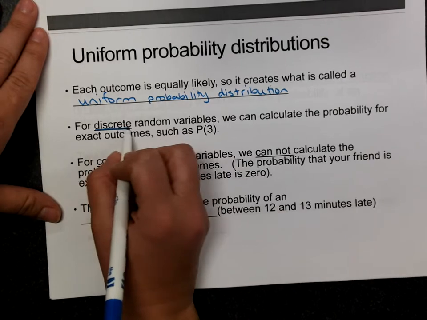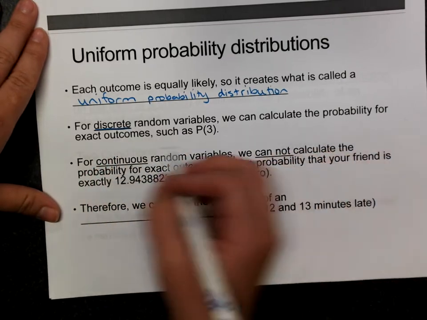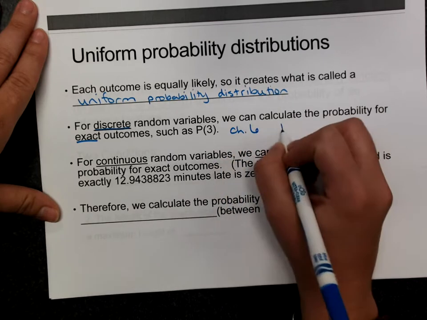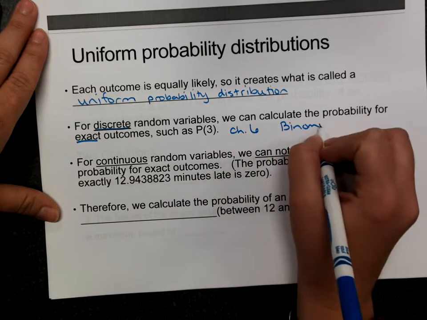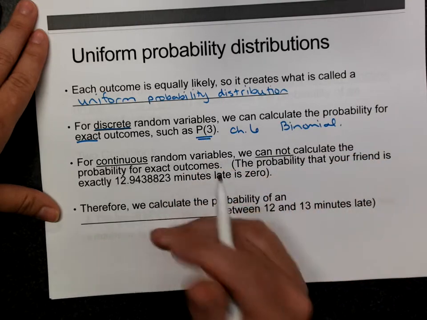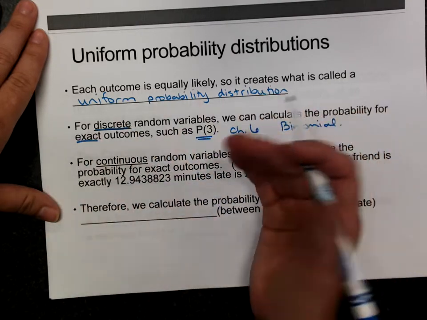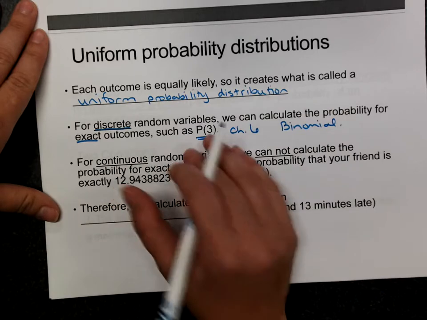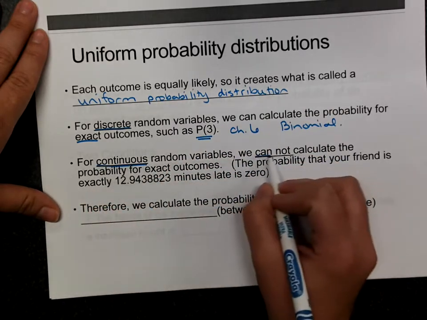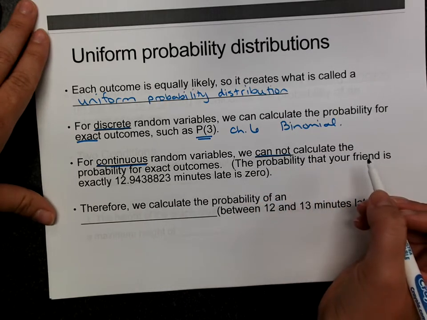Remember, for discrete random variables, we can calculate the probability for exact outcomes. That was in chapter 6 when we did the binomials. When we did binomial PDF, we could find the probability of exactly 3. So in this scenario, it might be exactly 3 minutes late. However, for continuous random variables, we cannot calculate the probability for exact outcomes.